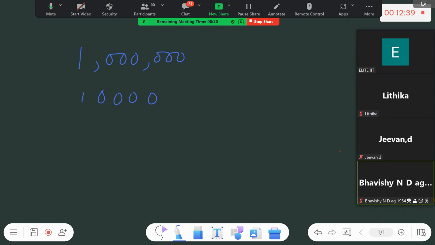First write the number without the commas, and then first take 3, then 2. So this is how you write from international to Indian system. This is 1 million, this is 10 lakh. This is very common knowledge: 1 million is equal to 10 lakhs.